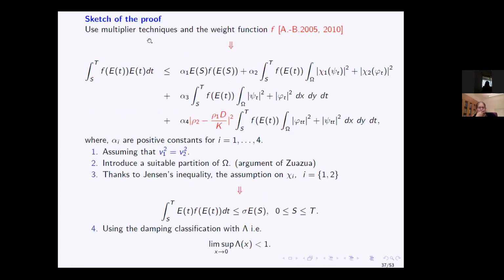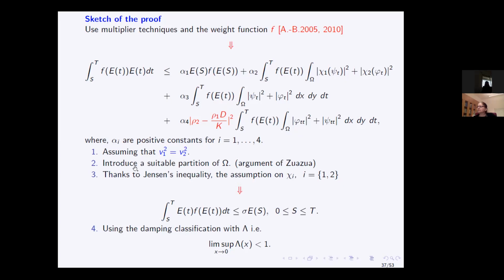Sketch of the proof. Here the proof is not complicated, but it contains many technical arguments. We use the multiplier technique and weight function in order to prove this inequality. Then, as you can see here, we have this term that needs to be equal to 0, so we assume that V1 square is equal to V2 square.